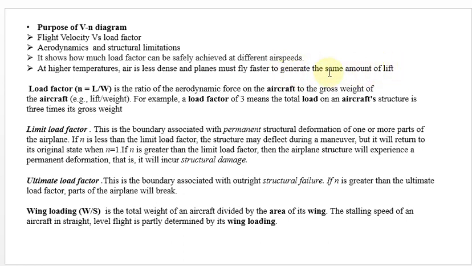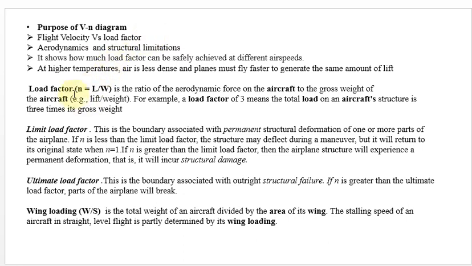Because of the different atmospheric conditions, we have to keep changing the angle of attack to create the lift. If I keep changing the angle of attack, what structural damage will happen? These things can be found by using your VN diagram.